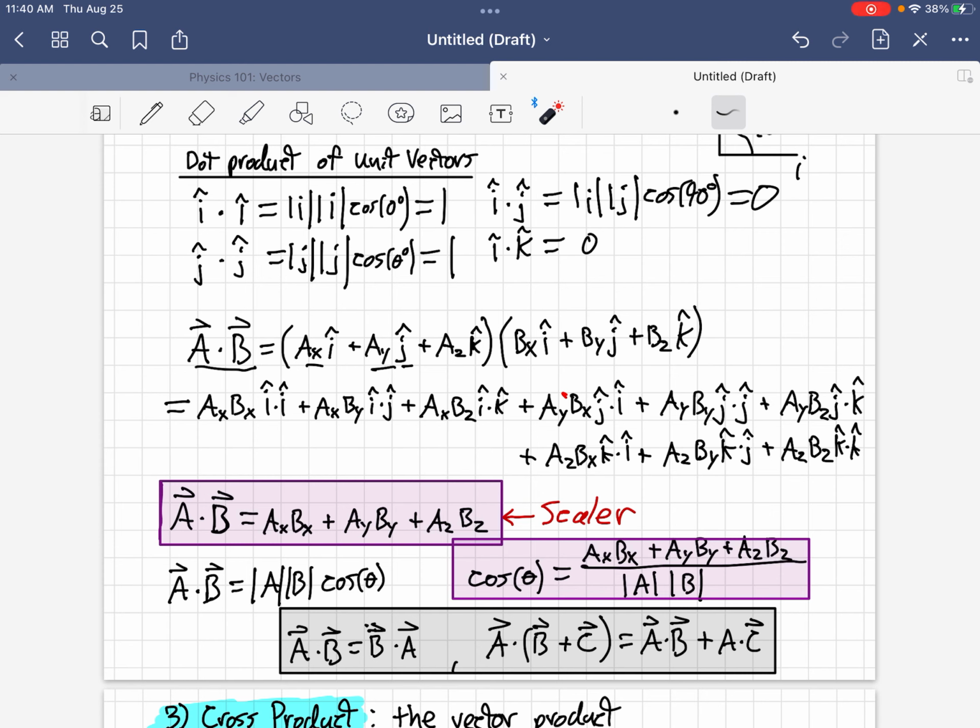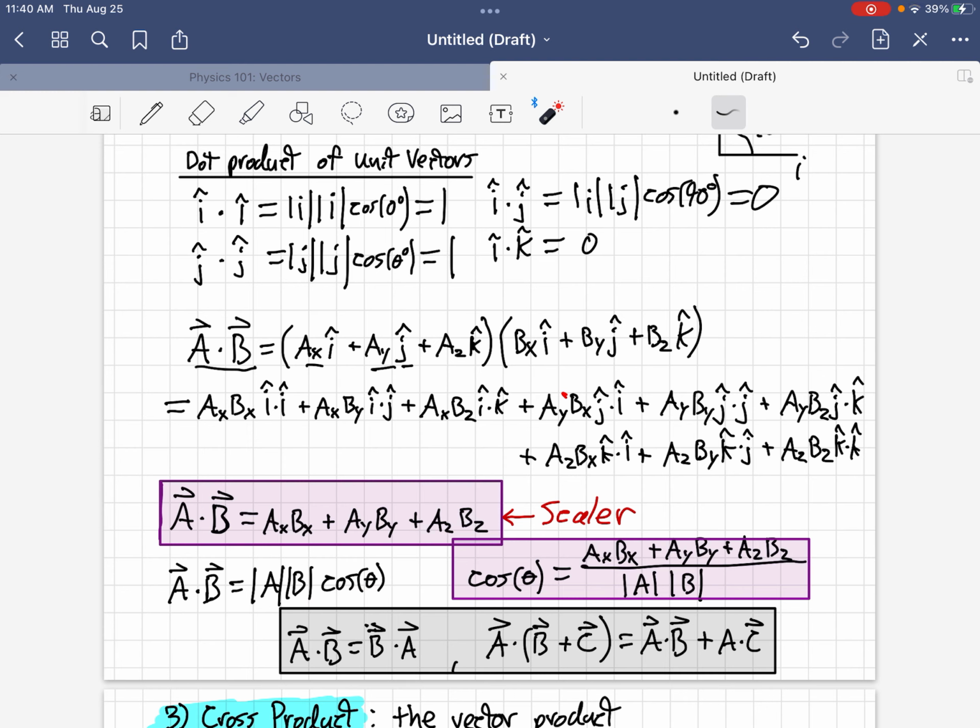I just gave you 2 different definitions of the dot product. The magnitude of A times the magnitude of B times the cosine between them, and this component form. And they're actually equivalent, and you can prove that without too much trouble. We're not going to do that here. But when you set those 2 different definitions equal to each other, you can also solve for the cosine.